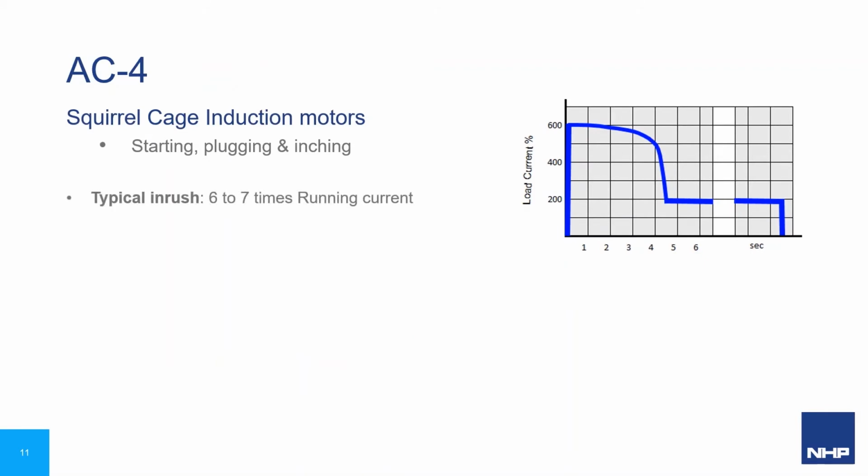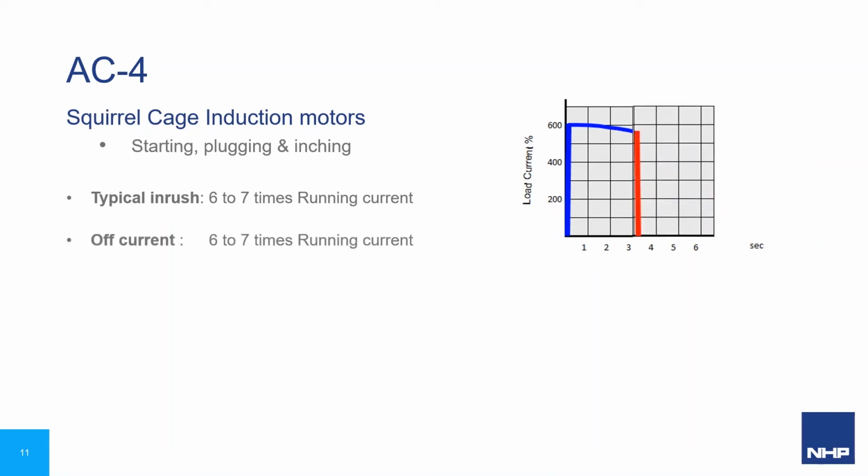The AC4 utilisation is the most severe for contactors when switching motors. Inching or jogging is used to rotate a motor into a position for the mechanical purposes of a connected load. In this application, the motor is energised by closing the contactor, but then opening the contactor whilst the motor is drawing close to its locked rotor current value.